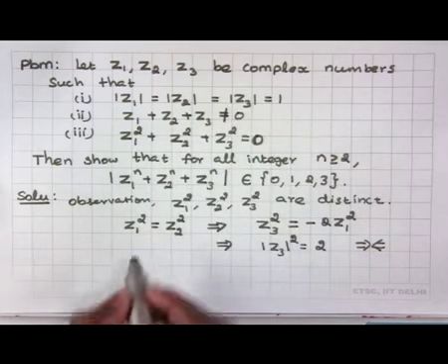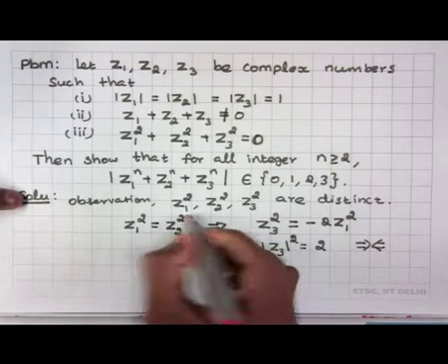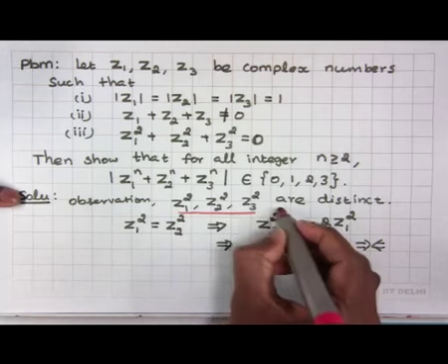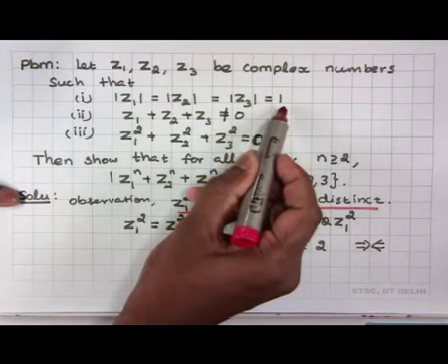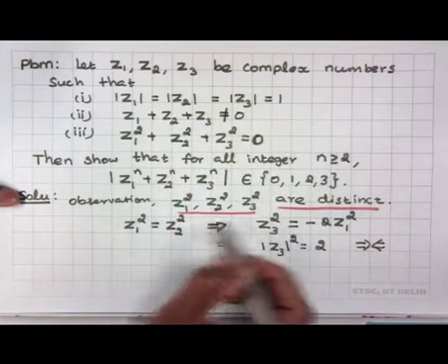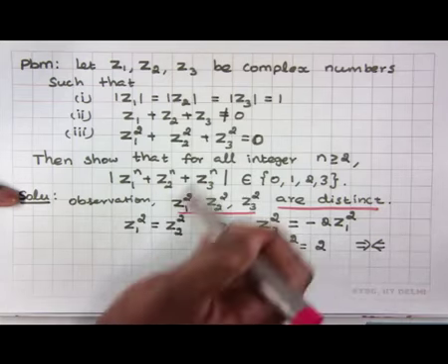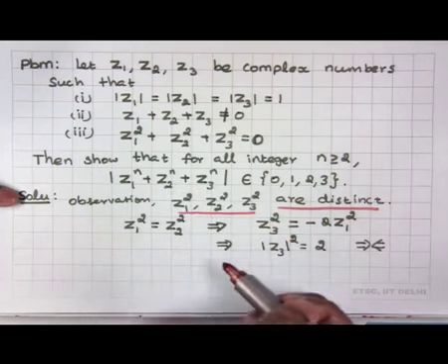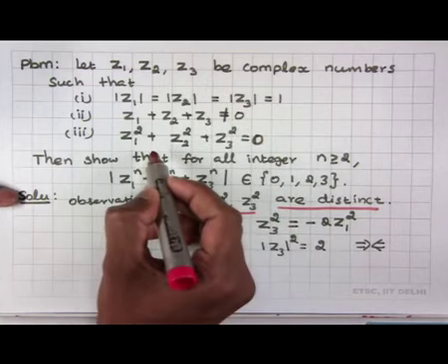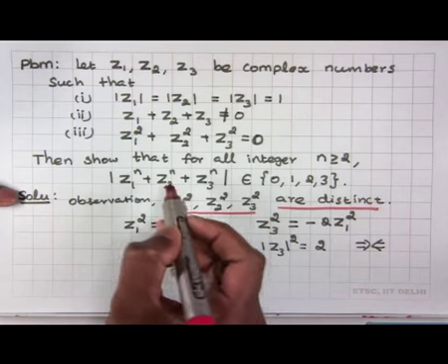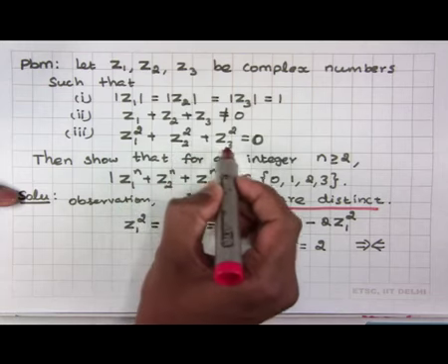Okay. So, we observe that the given complex numbers Z1, Z2, Z3 are distinct and they lie on the unit circle, which means they do not lie on a line. So, we can place a triangle with vertices Z1, Z2, Z3, and the previous result tells us immediately that it is an equilateral triangle with the vertices Z1 square, Z2 square, Z3 square.